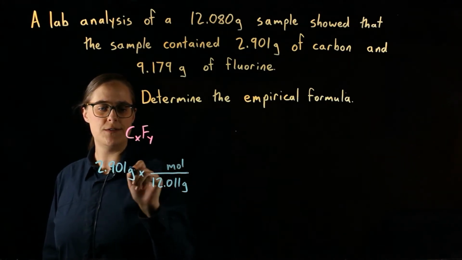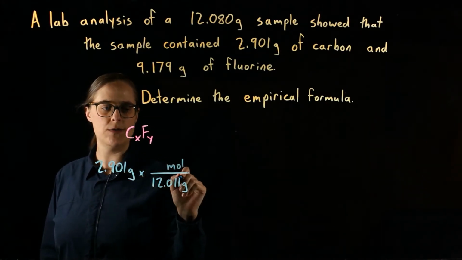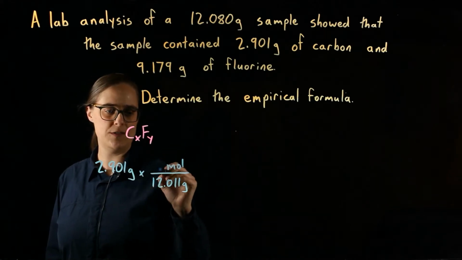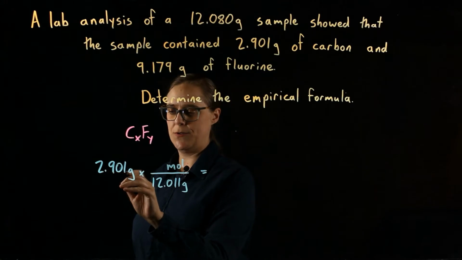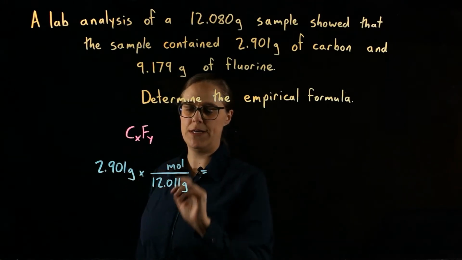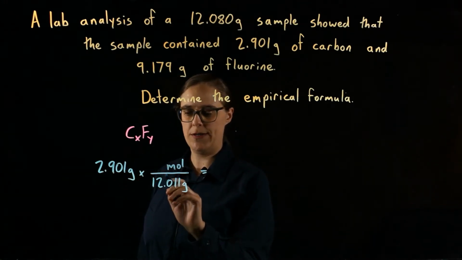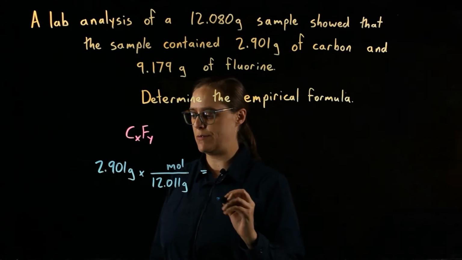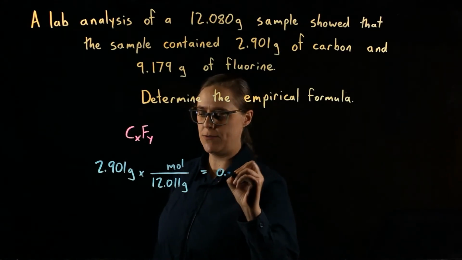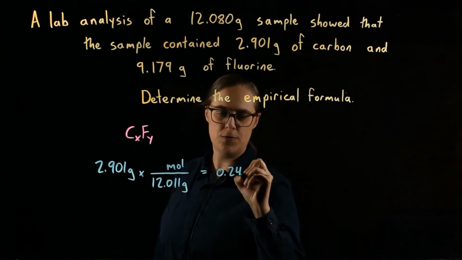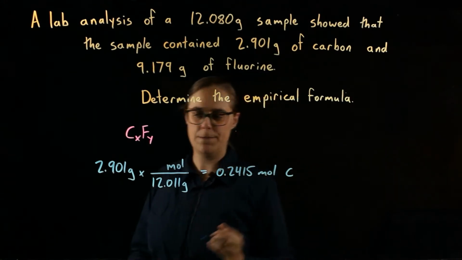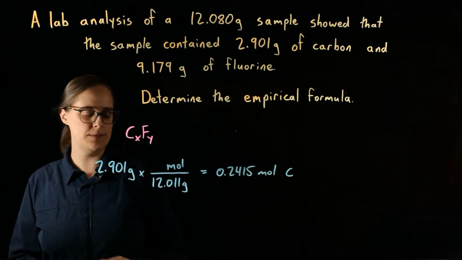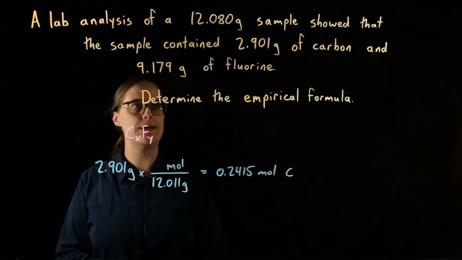You want units of grams to cancel out in order to convert into units of moles. So 2.901 grams of carbon divided by the mass of carbon on the periodic table, 12.011 grams per mole, you get 0.2415 moles of carbon.